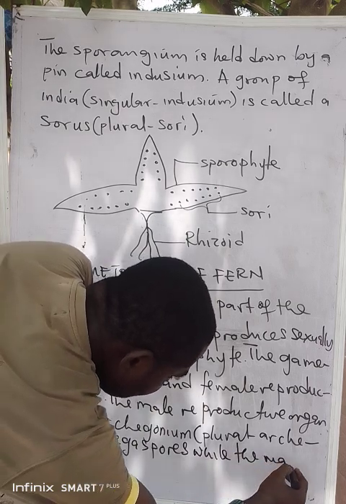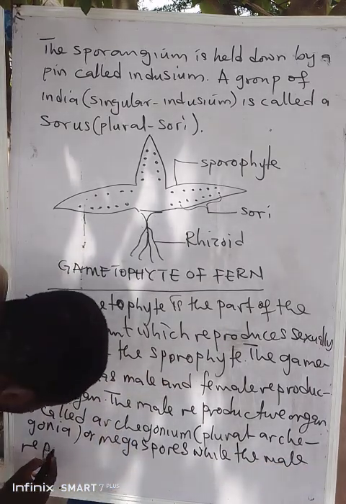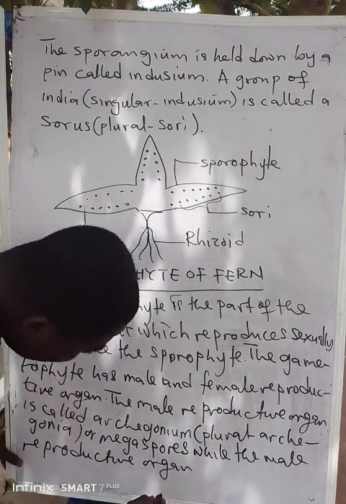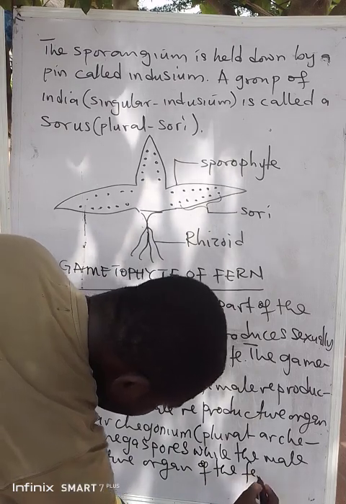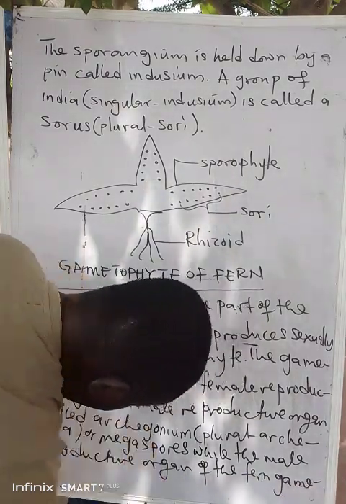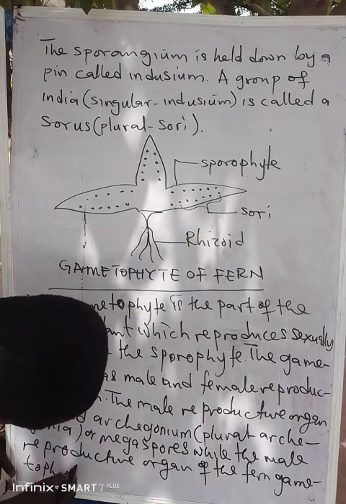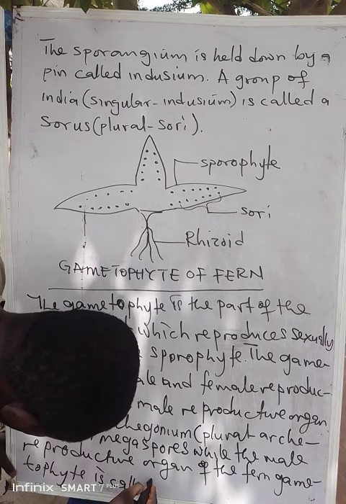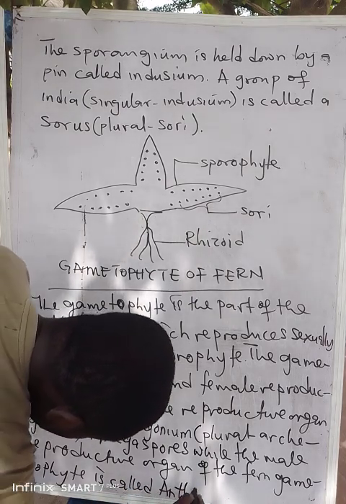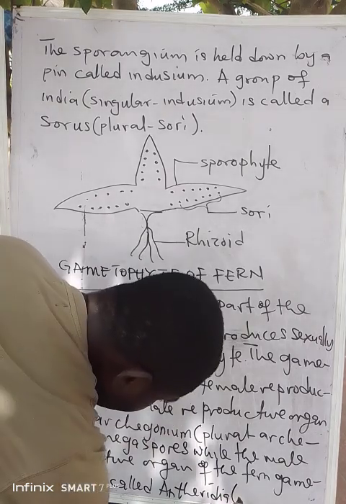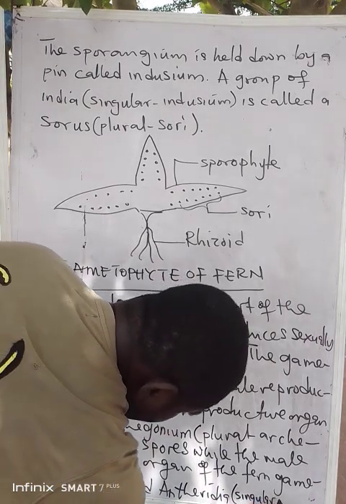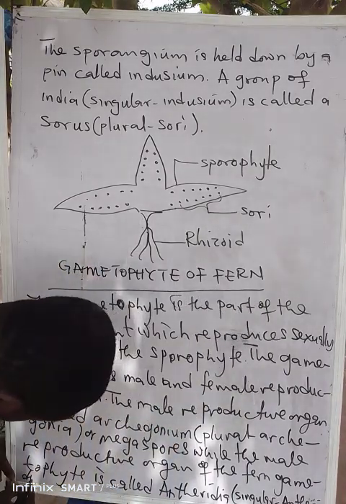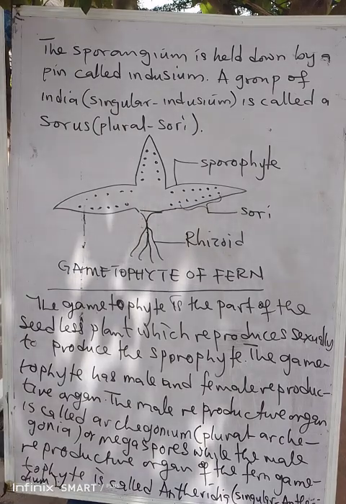While the male reproductive organ of the fern gametophyte is called antheridia. Antheridia, singular, antheridium. That is singular form of antheridia.